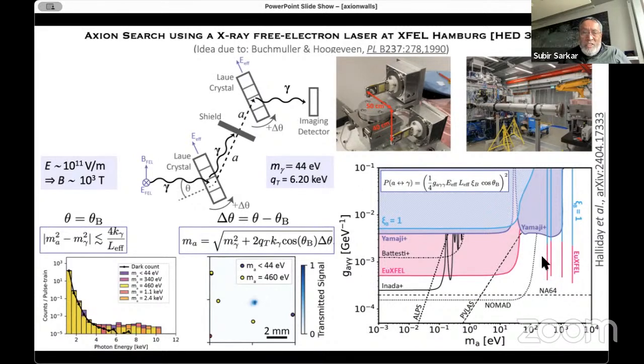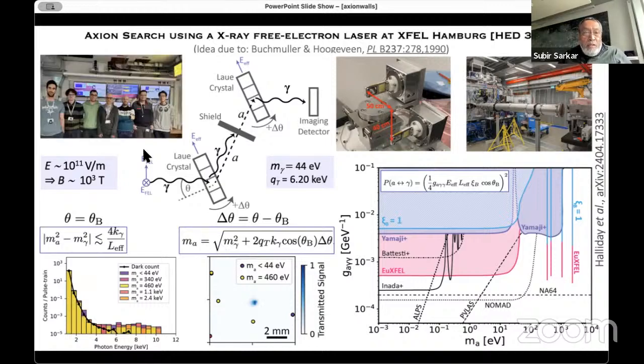And the experimentalists who are shown here in this picture, in the middle there is Gianluca, are confident that no axions came through, because if they did, they would be along the same direction as the initial X-ray laser beam, which is this blue spot in the middle.